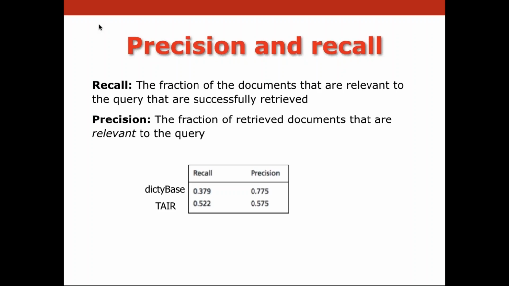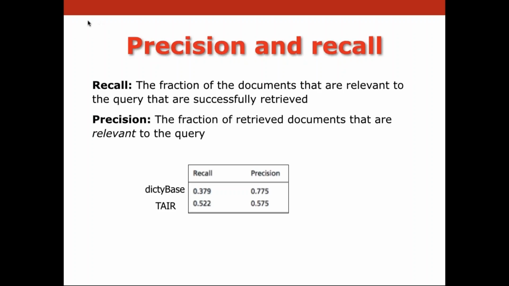And the precision is the fraction of the documents that are retrieved and that are relevant, because the system obviously can also give you some false positives, right? So the two measures capture the false negatives versus the false positives.